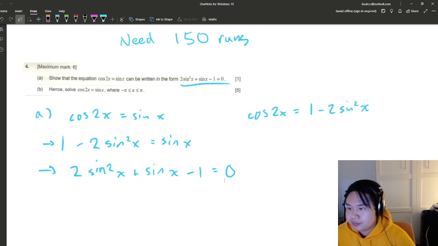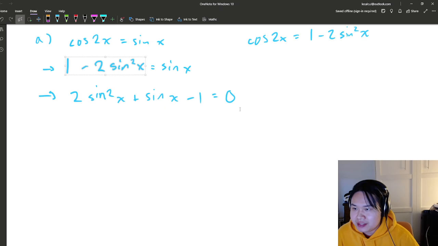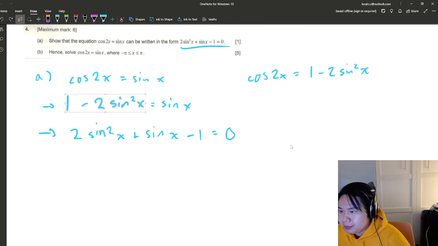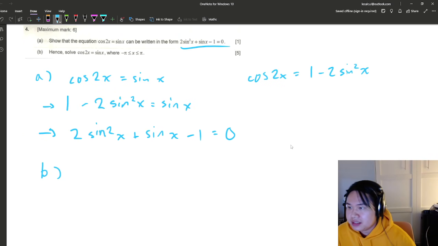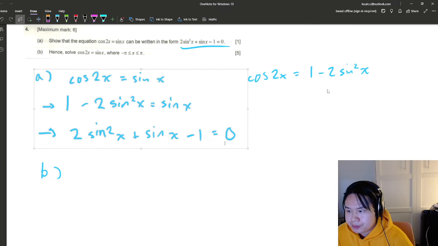Basically we just move these over here and write the right side of the equation on the left side, and this is what you get. Okay, and then part B. As an HL, you're supposed to realize this on your own first, and then once you're here, you just need to solve this equation.